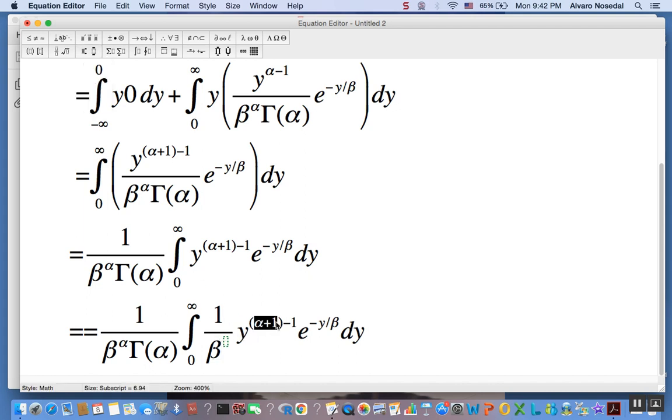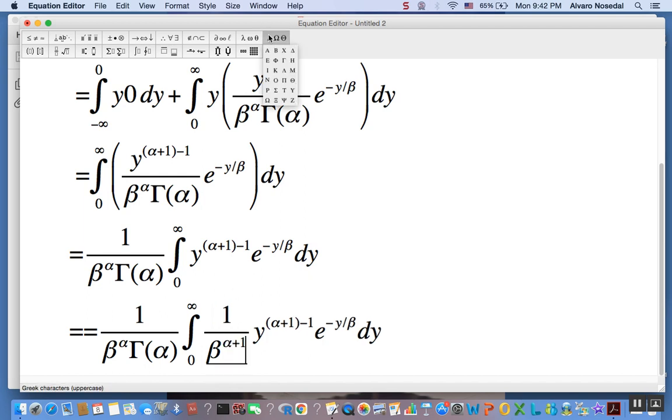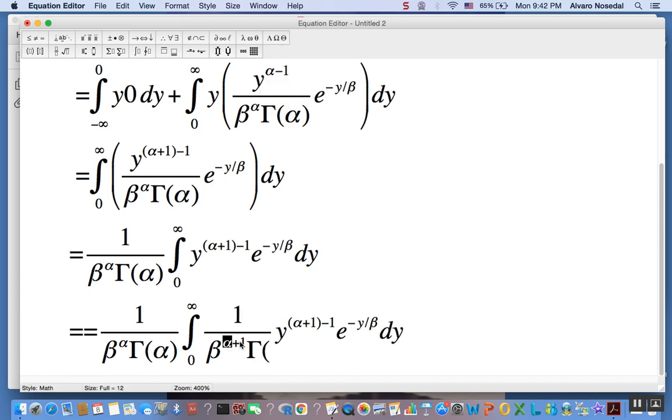Alpha plus 1, and I need to multiply by the gamma function evaluated at alpha plus 1 as well, right? Let me borrow this one here. Okay, that's better.